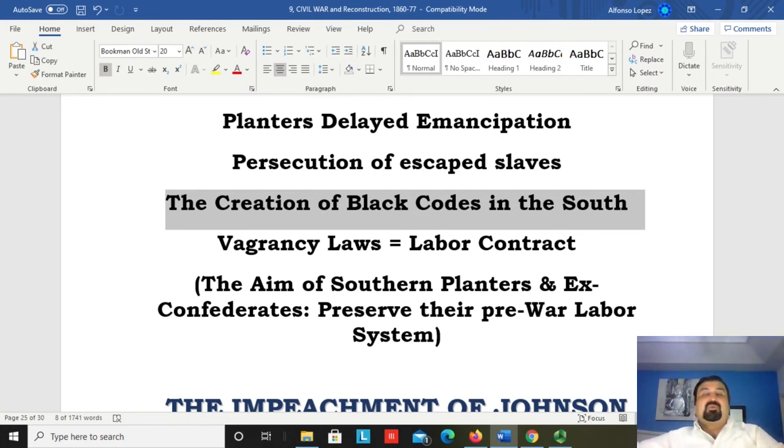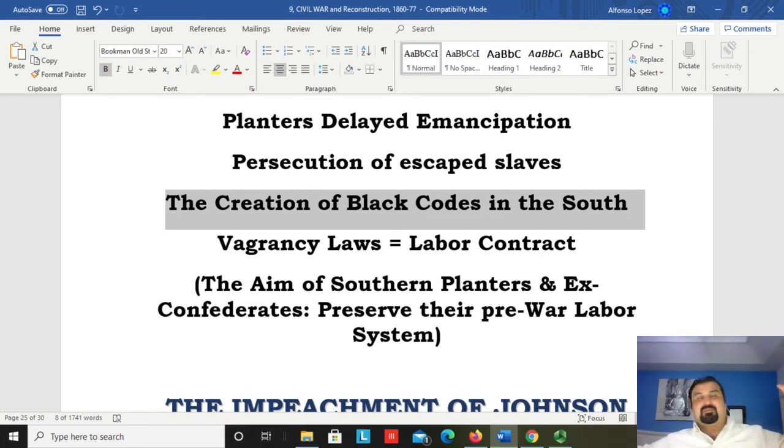So that led to a strategy in which it was now prohibited by law in the South to roam around the countryside without employment. All of those laws in the South that were trying to get all of the freed population back to plantations were known as the Black Codes.